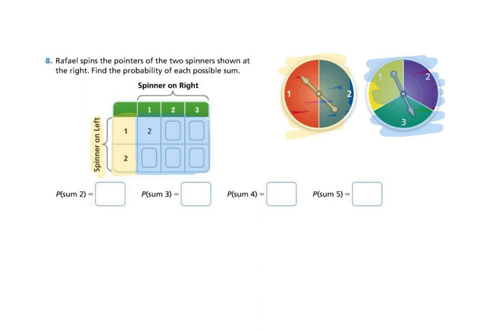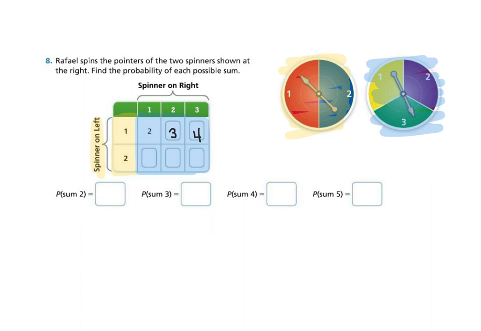All right, well, the sum here of 1 plus 1 is 2. What is the sum of 1 plus 2? 3. What is the sum of 1 plus 3? 4.